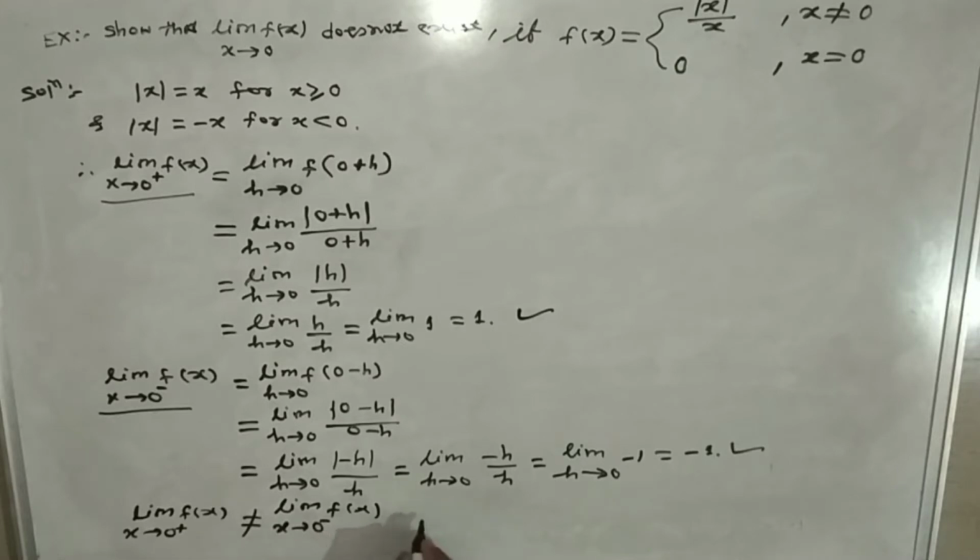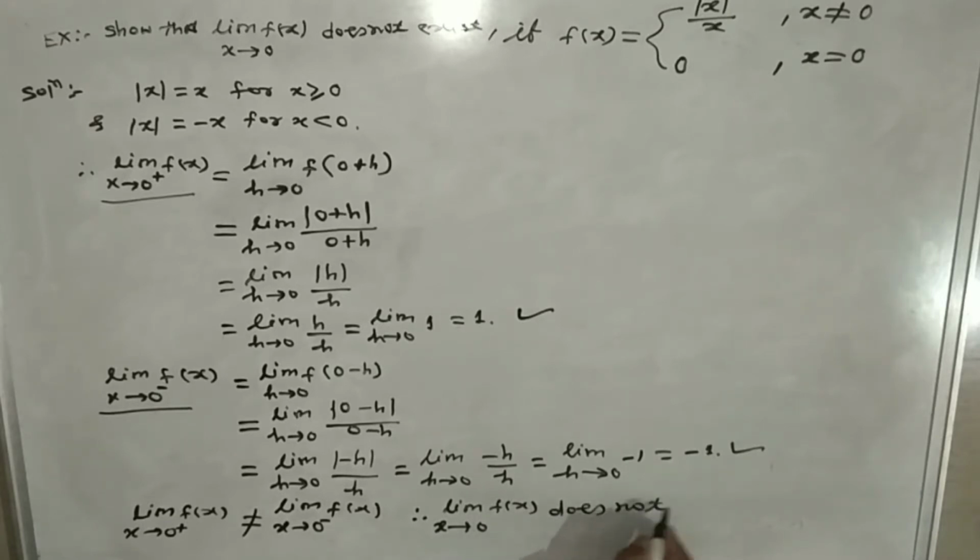And therefore the limit of a function f of x as x tends to 0 does not exist.